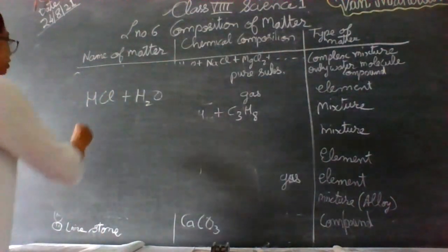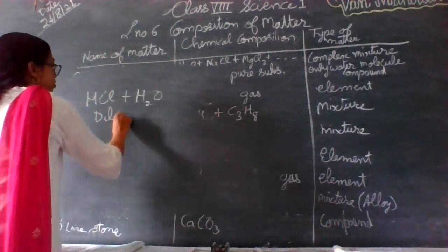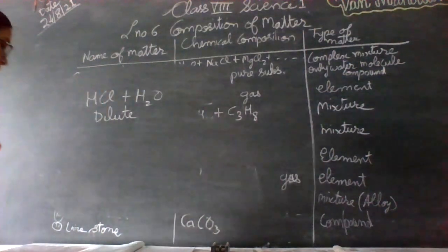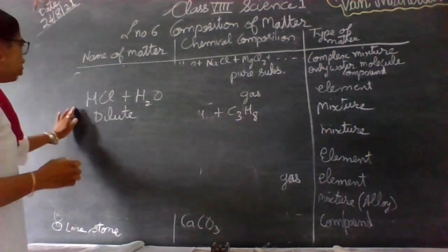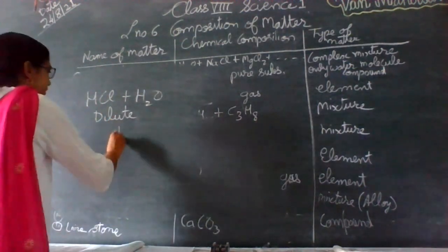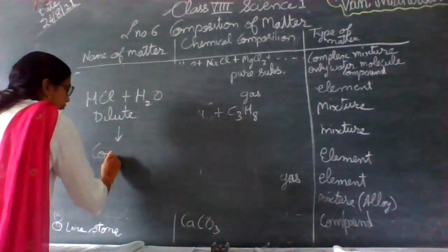That becomes a dilute solution. In that case, as water is mixed and hydrogen and chlorine are already mixed, it's a compound.